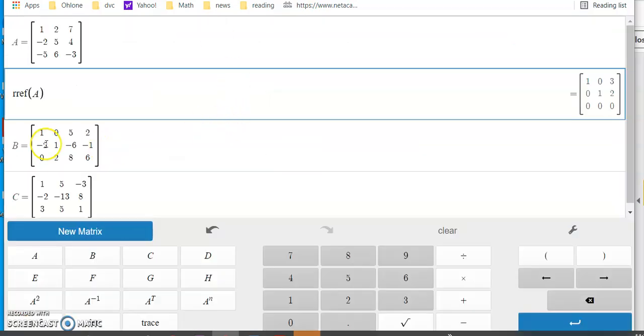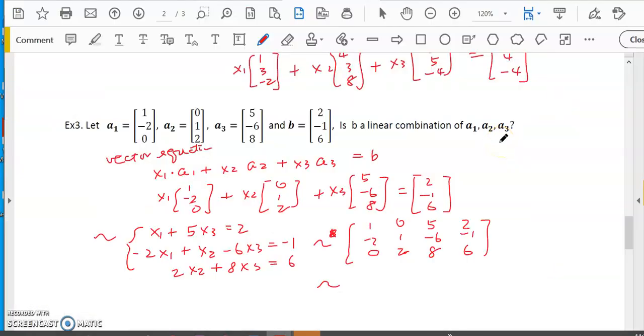I have it entered as B. I do the reduced row echelon form of B, and it becomes 1, 0, 5, 2; 0, 1, 4, 3; and the last row is 0, 0, 0, 0.